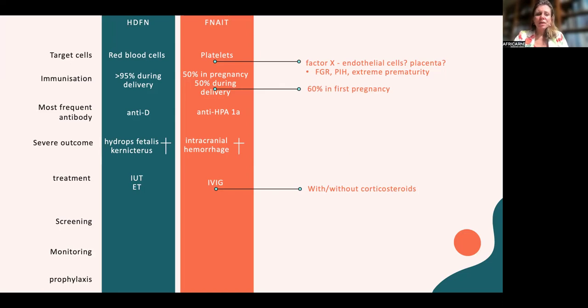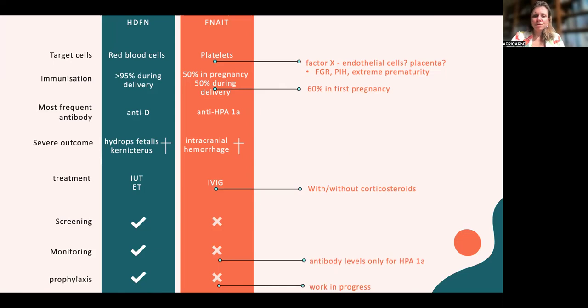In HDFN, we know that we can treat with intrauterine transfusion and exchange transfusions. And in FNAIT, you can do IVIG. For HDFN, there's a very effective screening possible with prophylaxis, but also monitoring during pregnancy by ultrasound to prevent complications. In FNAIT, we don't have screening.